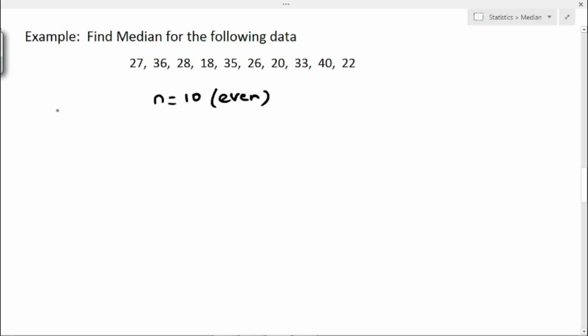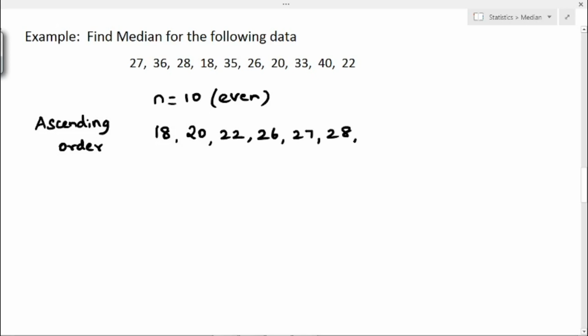Before that, first we have to write the data in ascending order. So in ascending order, the first minimum is 18, and the next greater value is 20, next bigger value 22, and then next 26, 27, 28, and then 33, 35, 36 and 40.